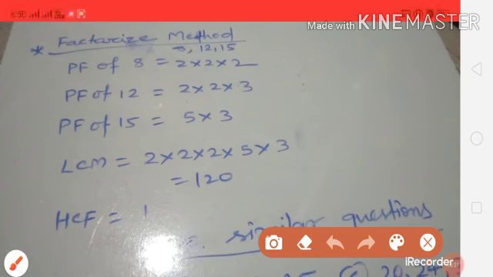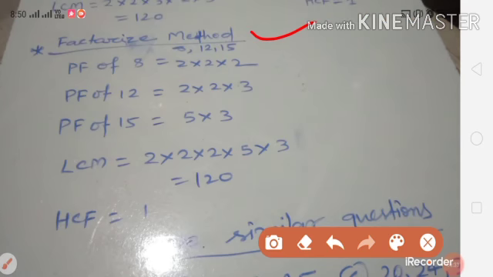Now the factorize method. In the factorize method the question is the same, 8, 12, 15, and we have to find the HCF and LCM. We also want to tell you that anyone can ask what is the full form of LCM. LCM means lowest common multiple, and HCF means highest common factor.